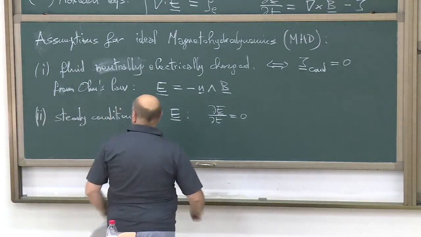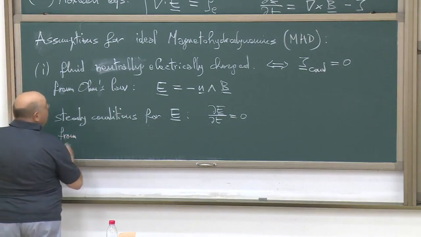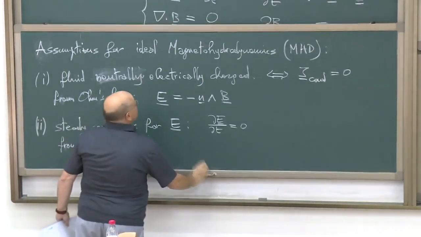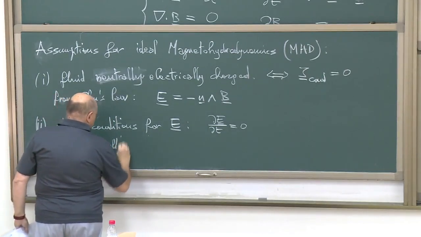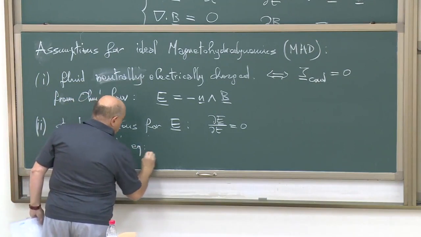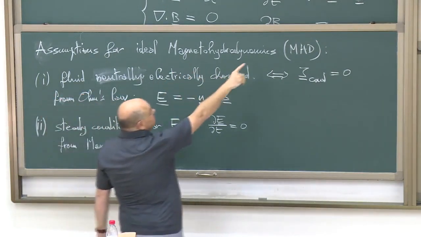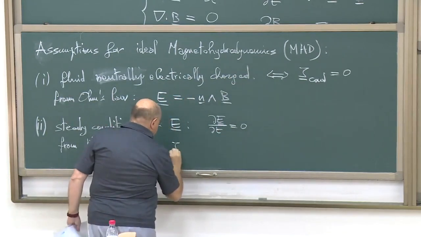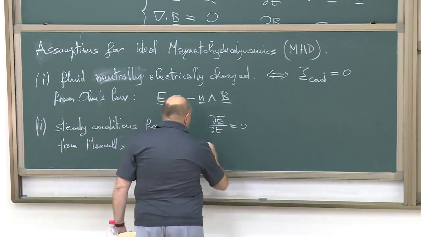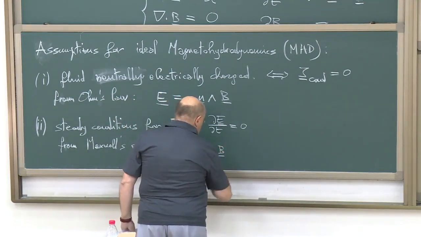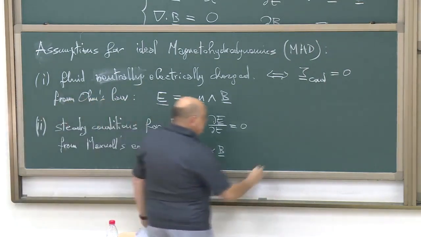And so from the Maxwell equation, with dE/dt equal to 0, we have J equal to the curl of B. Ampere's law.